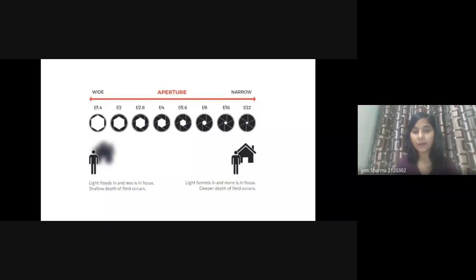But if you have a narrow aperture, then you can see the people just ahead of you, and whatever is behind them you can see also. So this is the aperture you have to set to get the extent and the focus you want.